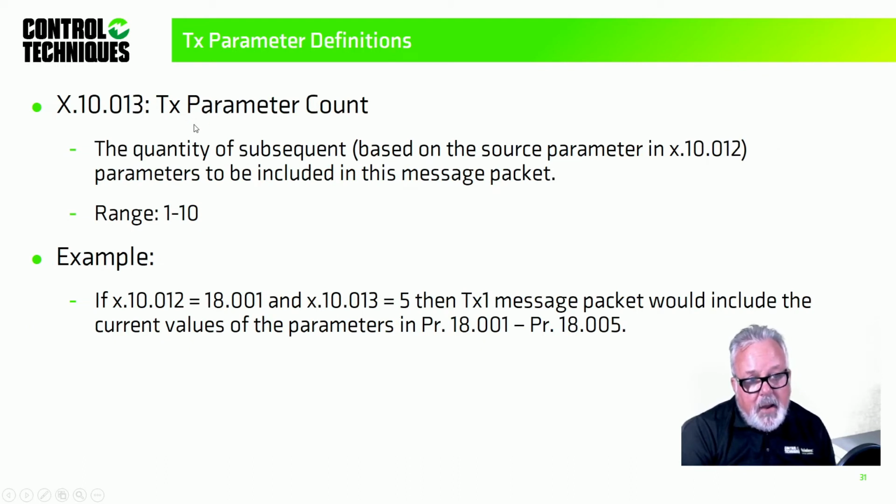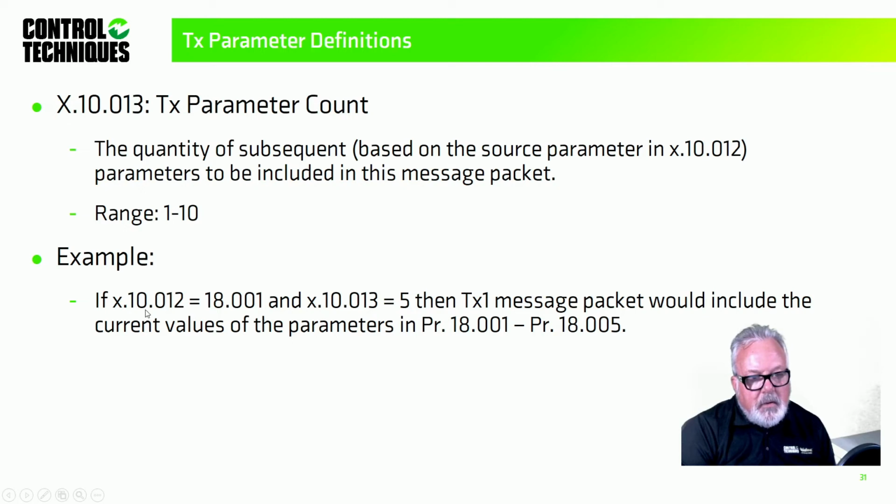Then we have a parameter count. So here's where the contiguous part comes in. The quantity of subsequent parameters, based on the source parameter, to be included in this message packet. So you can have a minimum of 1, which is the source parameter itself, or up to 10 total.